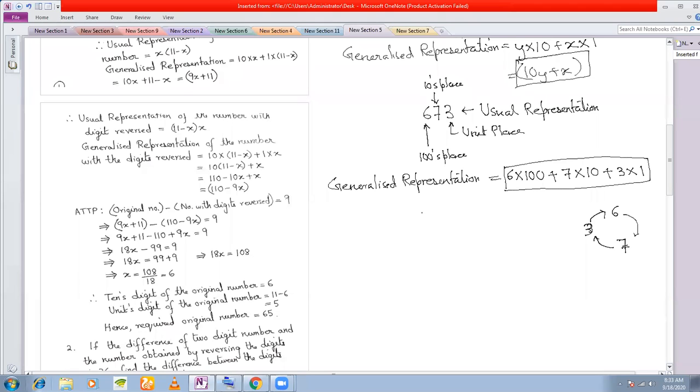Now if I start with 7, what number can I make? The next digit that comes is 3, and the next digit is 6. So what I have done is change the order of the digits of the same number, 673, and I get a different number. I'm getting 736, by changing the order of the digits of 673 cyclically.